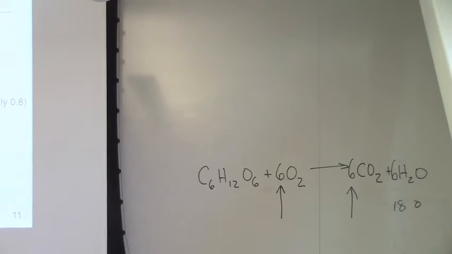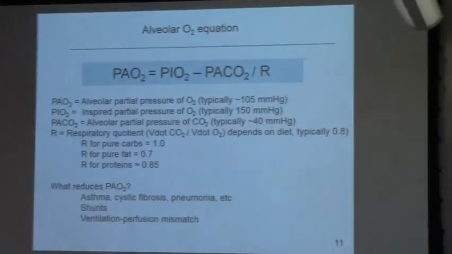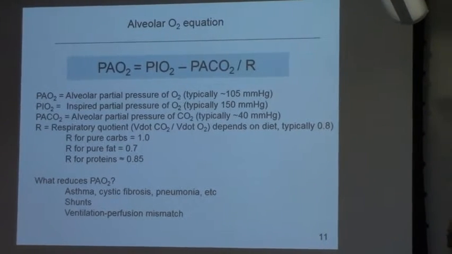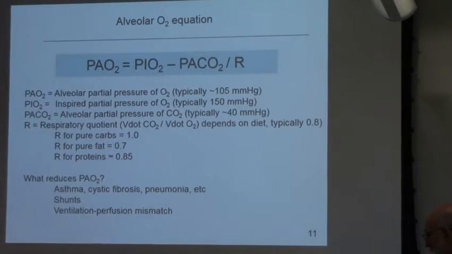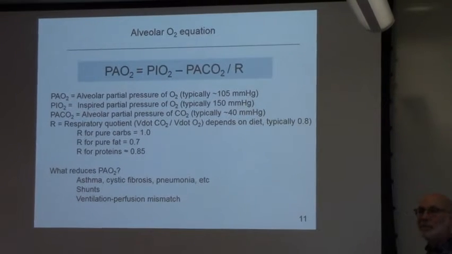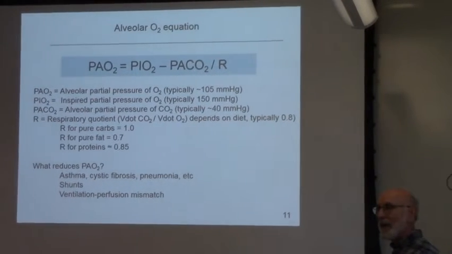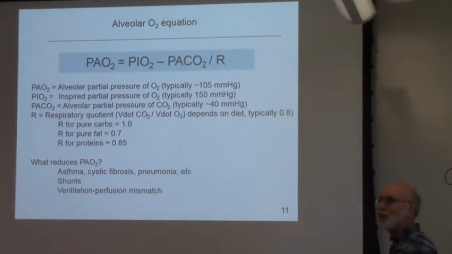If you eat a pure protein, well, let's go to fat. It's kind of gross to even talk about, but if you were to eat a pure fat diet, nothing but butter, a good source of calories but a pretty bad source of nutrition.